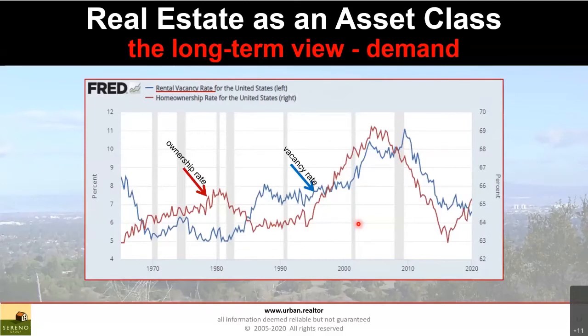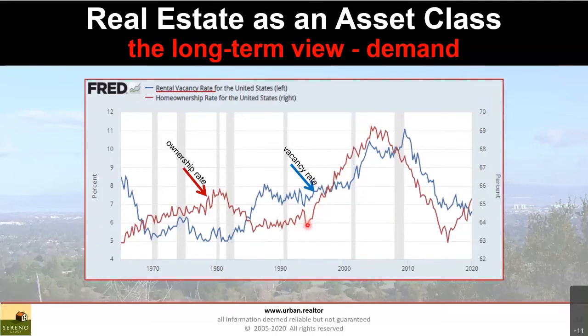Obviously we look at the long-term view on the demand side. What we see here is that anytime we see the ownership rate, and this red is the ownership rate, meaning people who own homes versus rent, the connection is obviously to the vacancy rate on rental property, which goes to affordability, which we're going to touch on a little bit later.